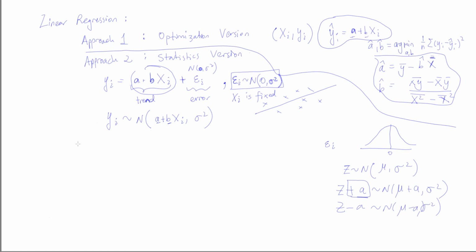Well, given y1, y2, up to yn, they're all independent. That's really important to assume, and they're all coming from a normal distribution with a plus b xi, each one has its own xi. Some people say this is identically distributed. I personally don't like that because identical means they have the same mean and variance. Here, each one has its own mean because each one has its own xi, but they are independent.